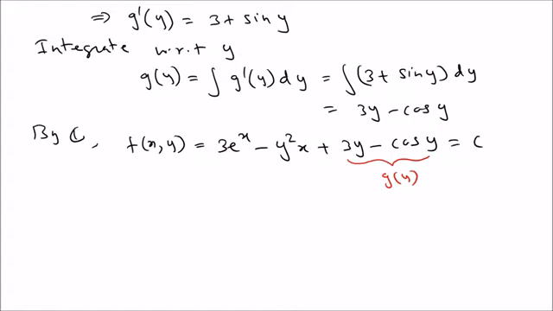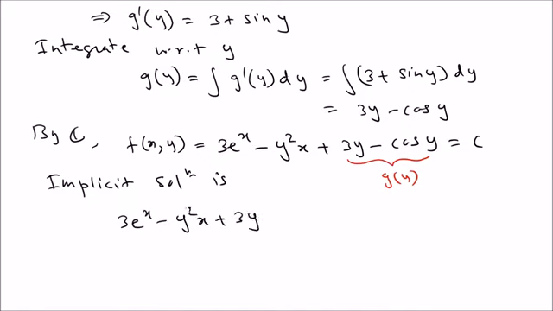Now you can see there's no way you can solve for y. So the implicit solution is given by 3e^x minus y squared x plus 3y minus cosine y equals a constant.